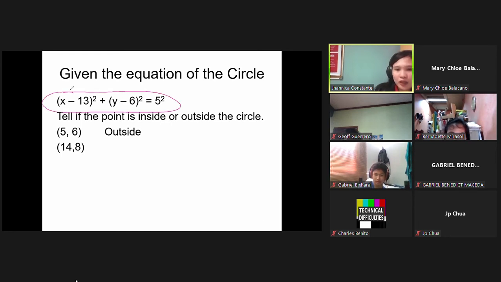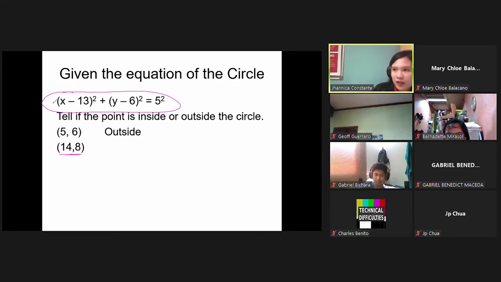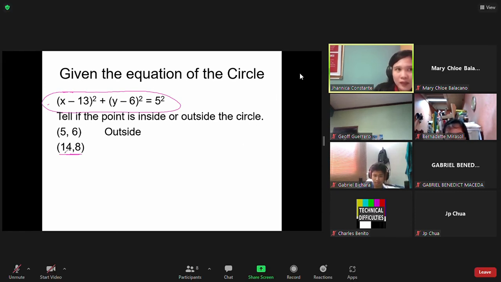We're going to identify if the point (14, 8) is on, outside, or inside of the circle. So solve using the standard equation. The values for x and y are the given point that we have, which is 14 and 8.